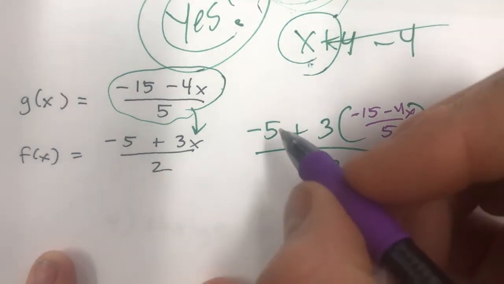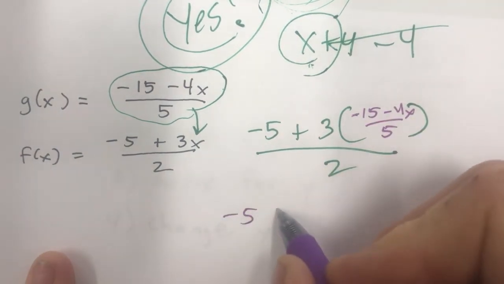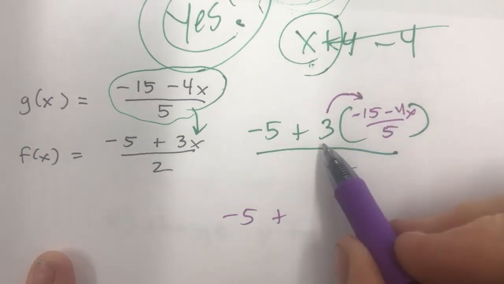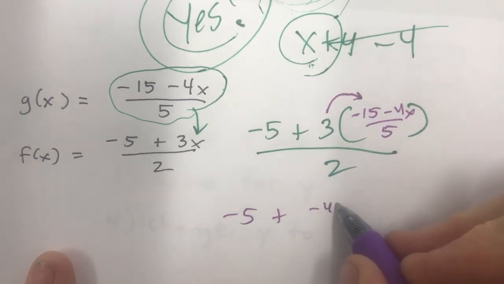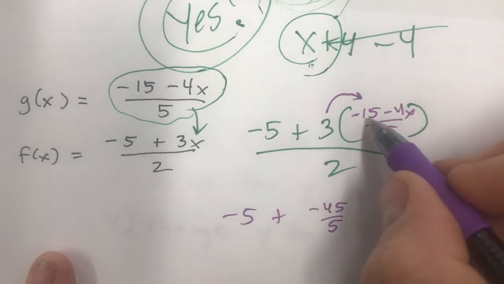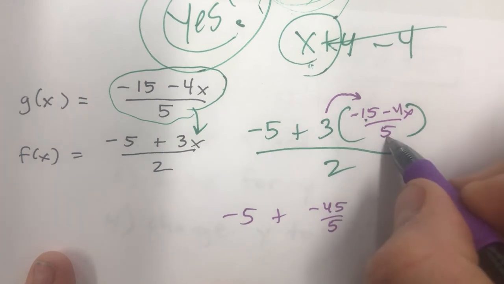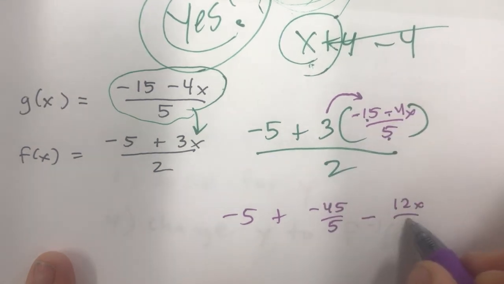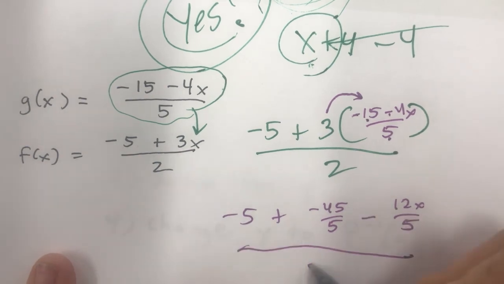All right, so I've got negative 5 plus, I need to distribute this 3 in here, so it's going to be 3 times negative 15, which is negative 45 over 5. And then minus 3 times 4x is 12x over 5. I'm just splitting them up.